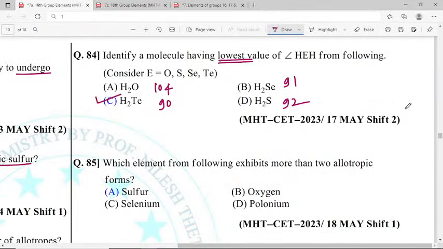Okay, get it clear? Everyone get it? Please mention the bond angle, and mark this as an important question. 2026.